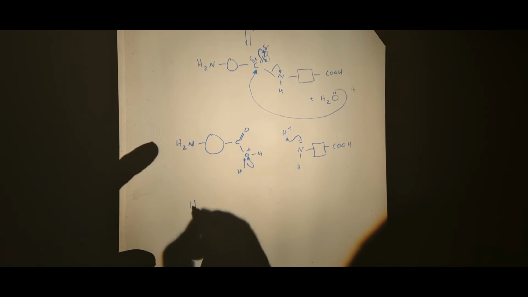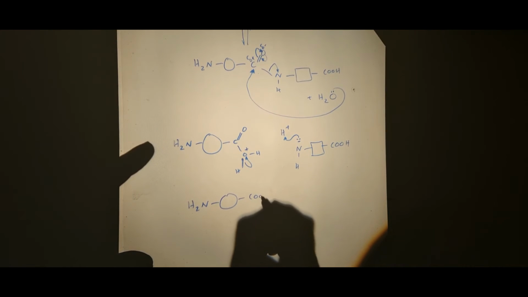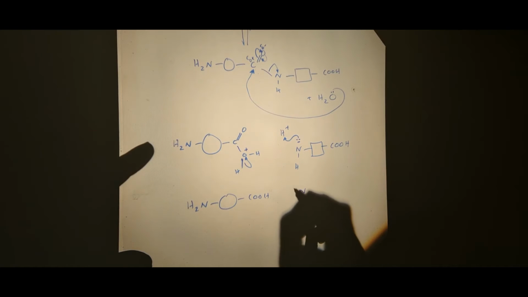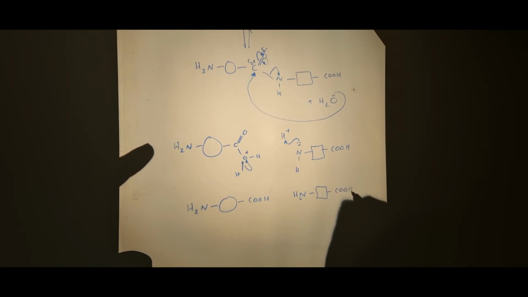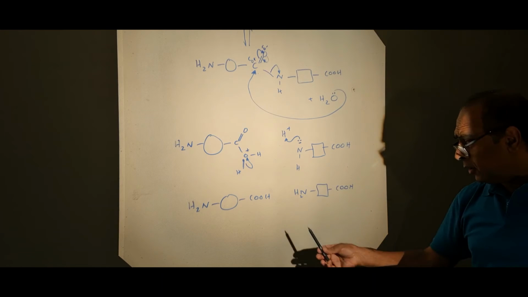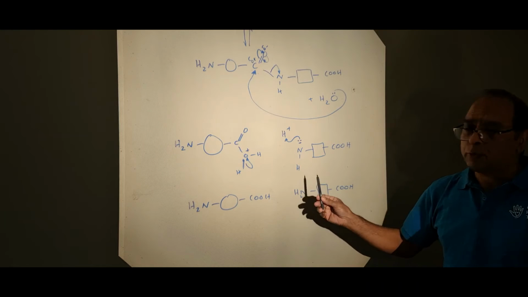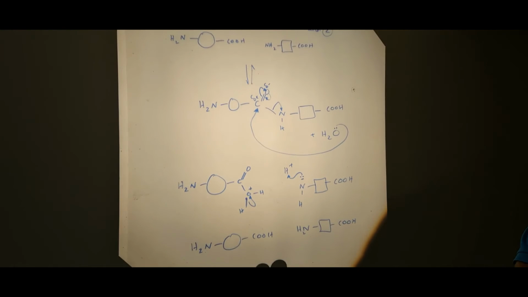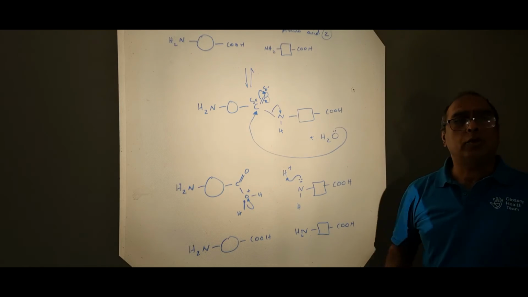So you end up with H2N circle 1 COOH, and you end up with NH2 square COOH. Can you see that the hydrolysis reaction has taken us back to amino acid 1 and amino acid 2 that we started with?